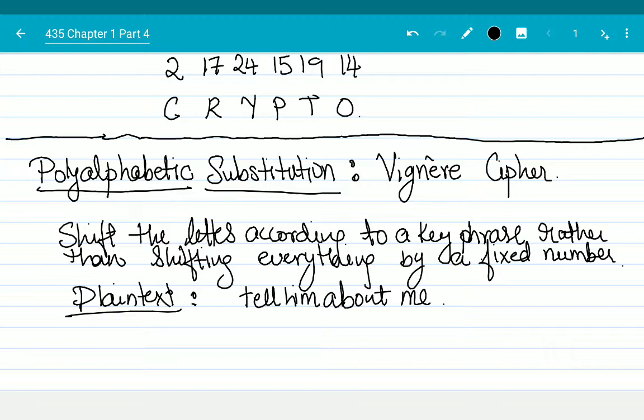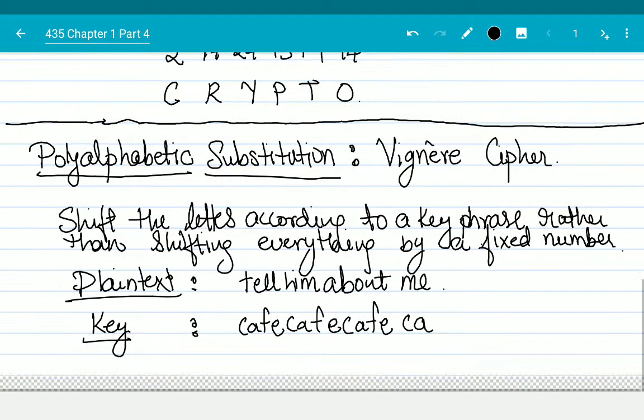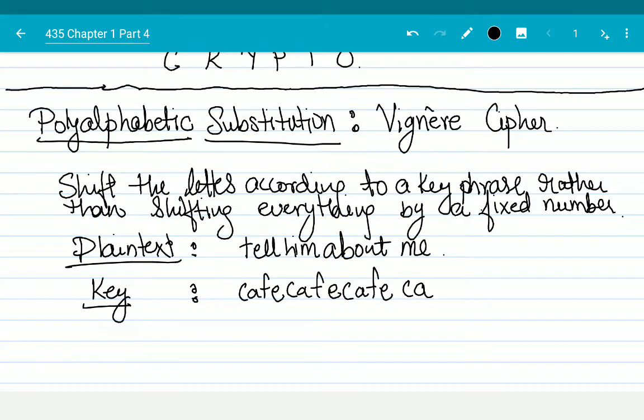And I hit it with my key, which is CAFE. So I am going to encrypt my message with the word CAFE. And so what do I get as my ciphertext?